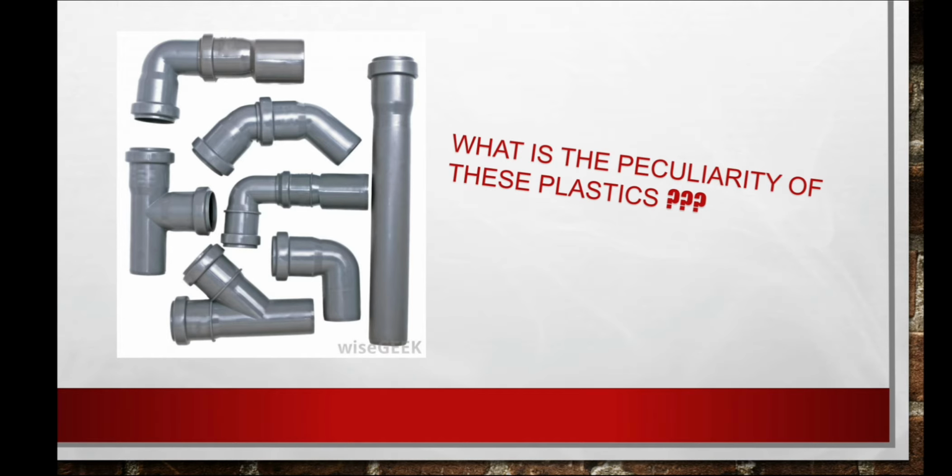Can we use PVC for making the handles of pressure cookers and iron boxes? Then, what is the change when heating a piece of PVC? Do you know? Yes, it gets deformed.